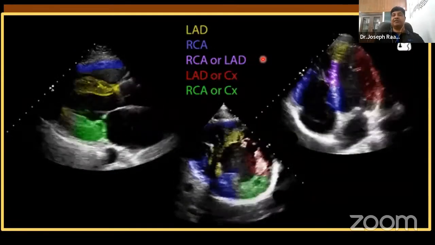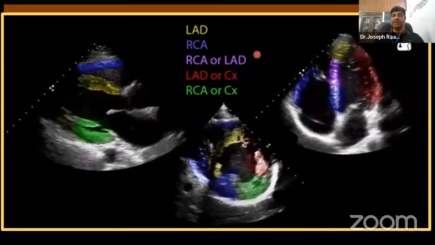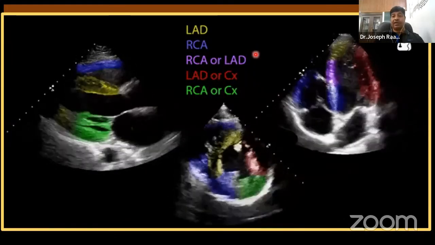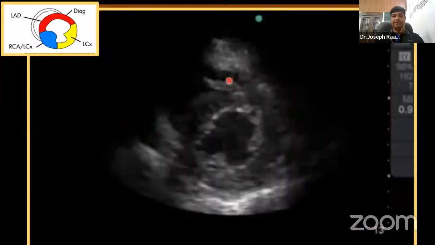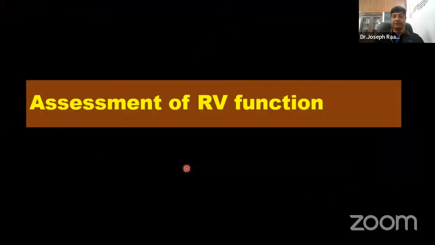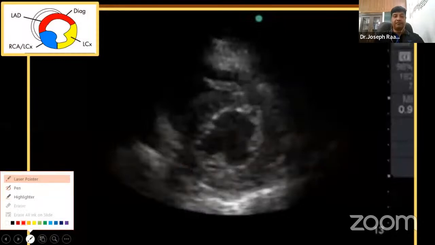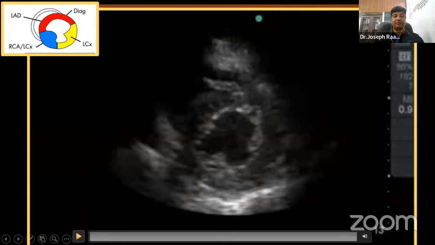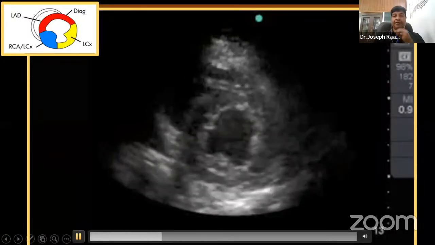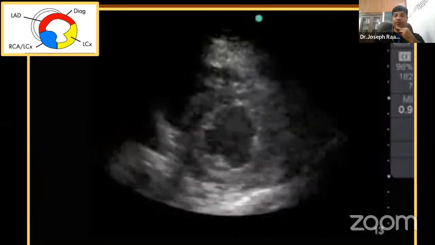And this is just a graphical representation of how each coronary is supplying the walls. Okay, so just let me show an example. Can you say what this view is?